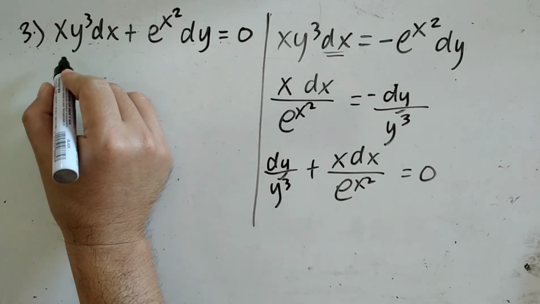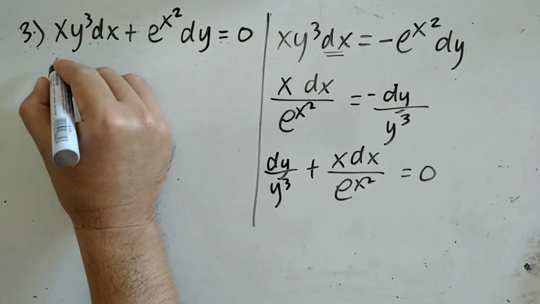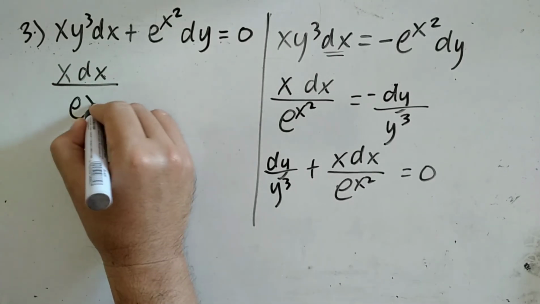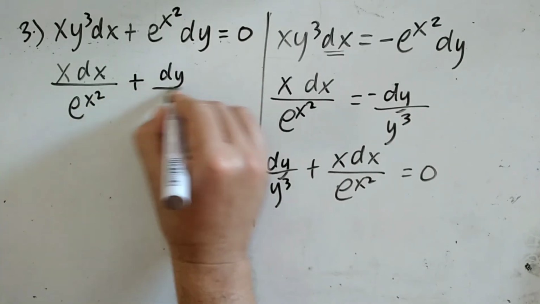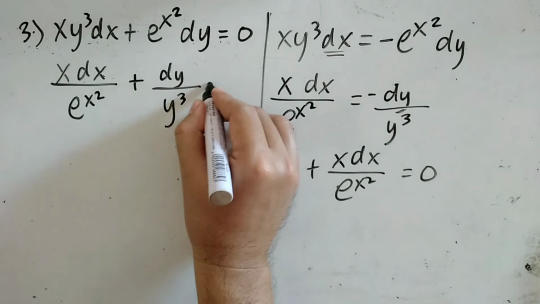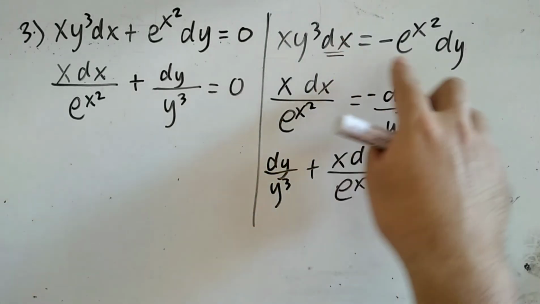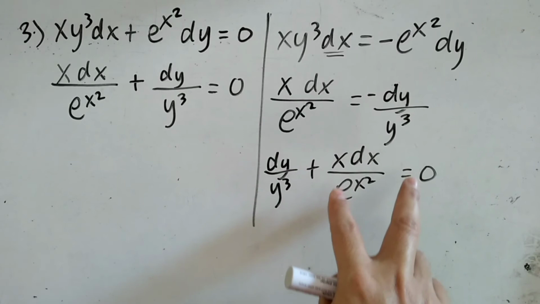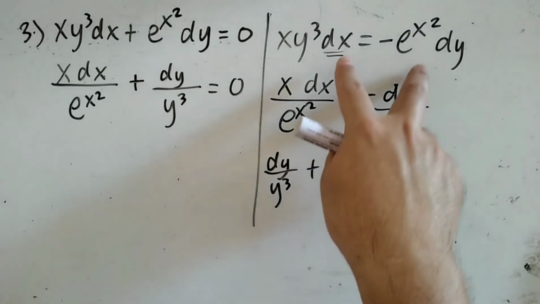For example, we transpose y cubed here, so this becomes x dx over e to the x squared plus dy over y cubed equals 0. As I've said before, you can transpose the other term to the other side, which would be the right thing to do.